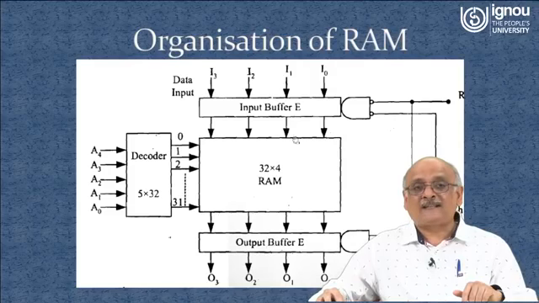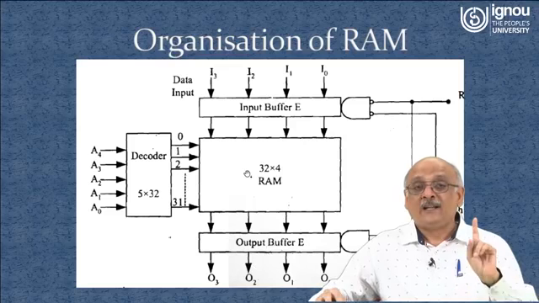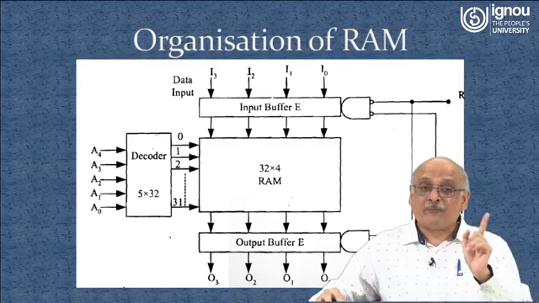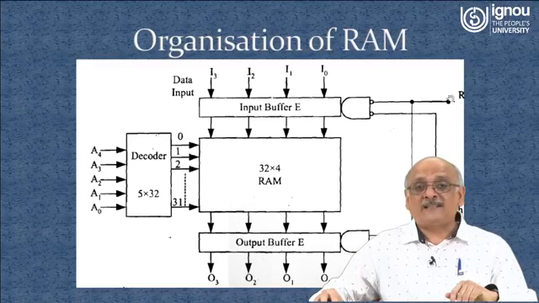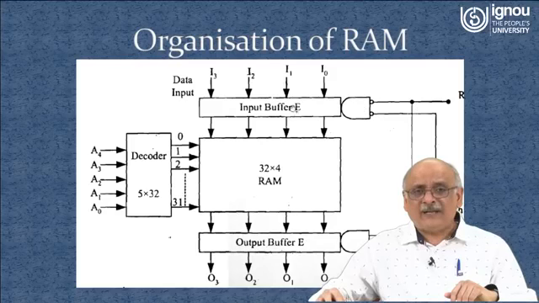Now this 4 represents the number of inputs or outputs, as in a single cell, one input and one output only. Now this is a read write. Suppose this is for reading, so you will enable this particular AND gate. Let's not go into the intricacies of it, you can study this on your own, but this input buffer will be enabled by the output of this particular AND gate, and the small circle here indicates negation.